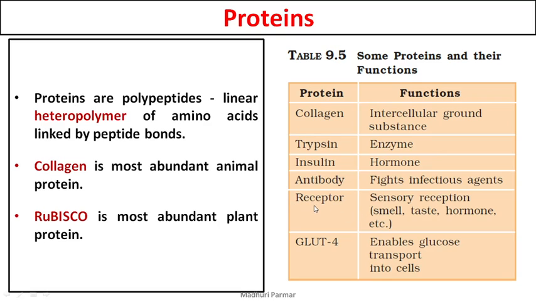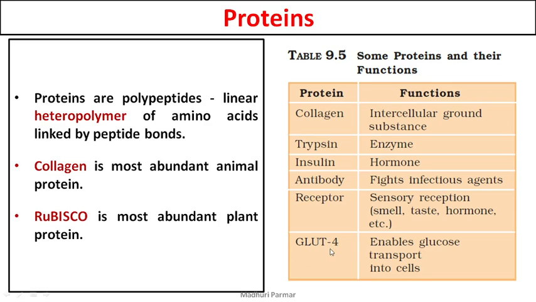Receptors are proteins which are present on your cell membrane. So you can have sensory reception like smell, taste, then receptors for hormones, neurotransmitters, all of these are nothing but proteins. And then finally, GLUT4 is glucose transporter type 4.